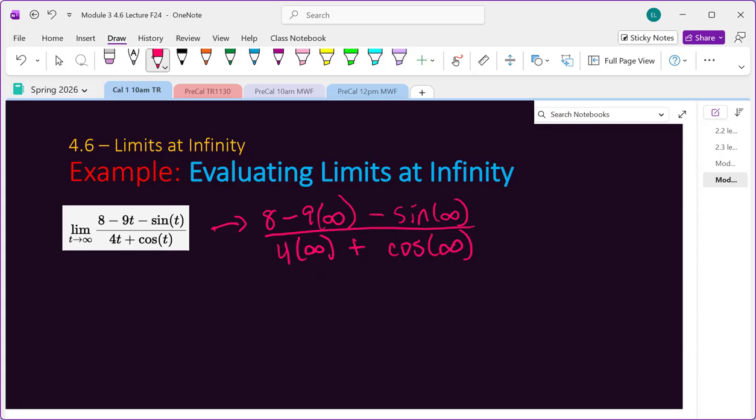So we're getting infinite behavior, and then sine of infinity and cosine of infinity just oscillate. So overall, we're still getting infinity over infinity. So direct substitution doesn't help us out, because we're seeing there's the negative 9t and the positive 4t. Both of those are the same exponent, so they're having some control over the limit. But then we have these weird trig functions, and I don't know what those are doing to the limit.